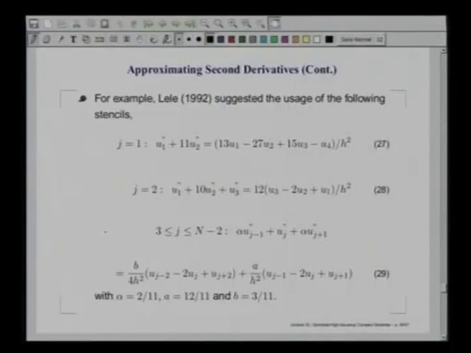And that is where Lele actually suggested a host of equations. This is the main stencil that is supplemented by boundary closures for j equal to 1 and 2. Notice that the second derivatives are related to the function directly. So, this is directly using a compact scheme for the second derivative.